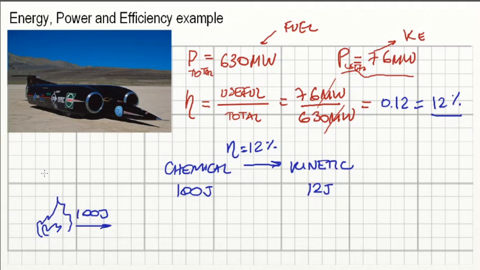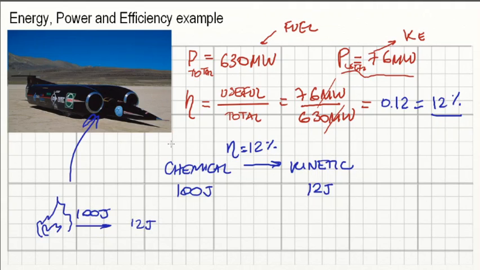And this happens all the time inside of those engines. That's how cars move. We burn fuel, we use the energy which is released, and we make use of it. So if we extract 100 joules of energy, we will only actually make use of 12 joules.